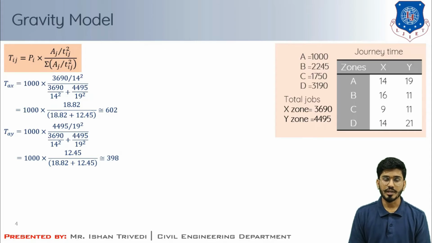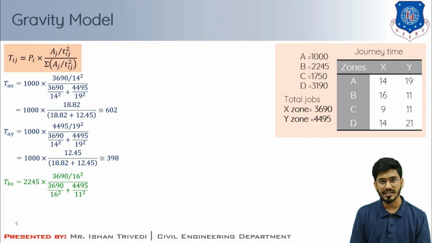Similarly, for B zone, I am going to compute the number of trips for X and Y industry. Here the total number of trips in B zone is 2245. So if I put these values and the relevant data in the equation, then for Bx the total number of trips is 2245 into 3690, because I'm dealing with the X industry, that is 3690, and here the journey time is 16 and 11 for X and Y zone respectively.